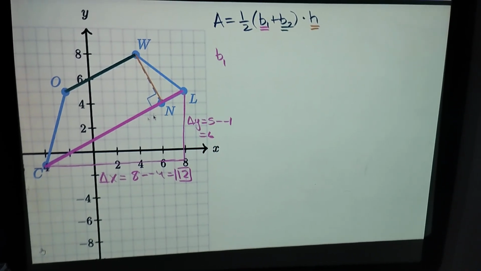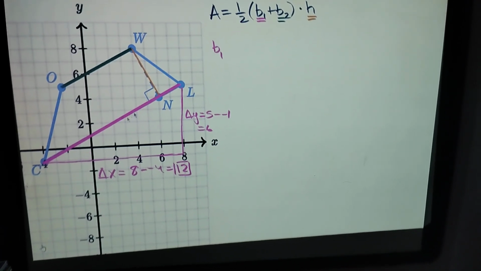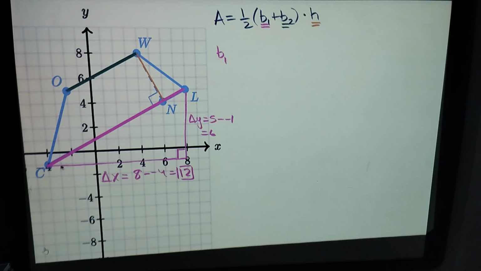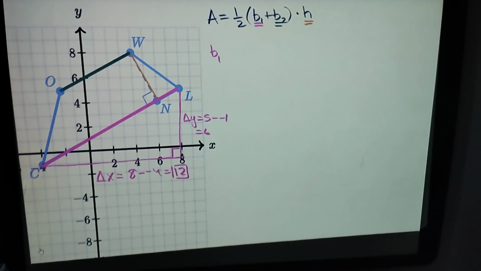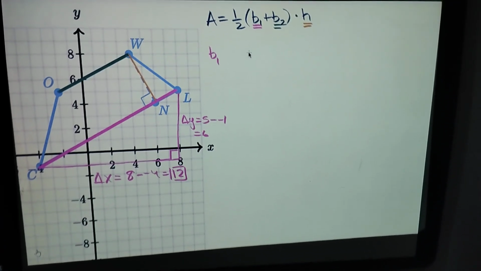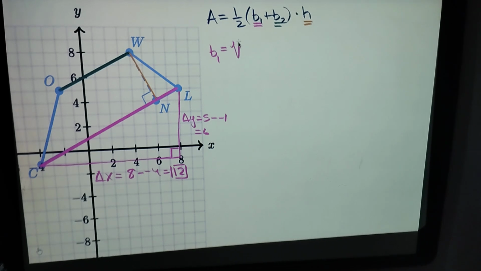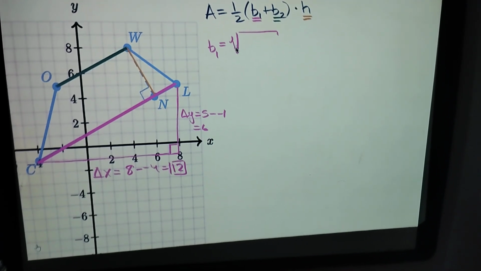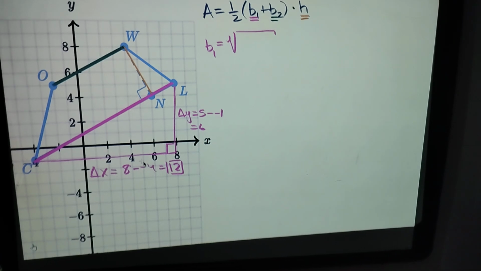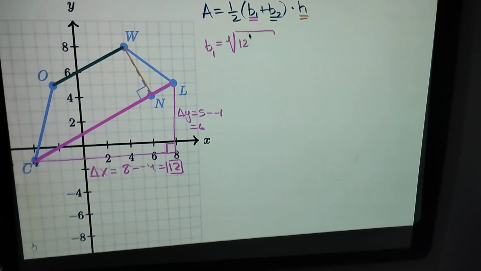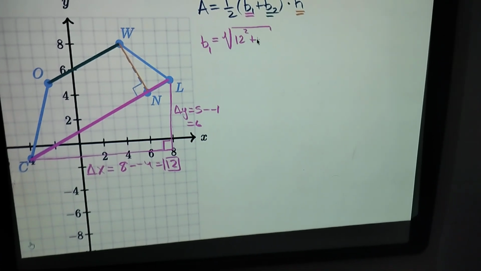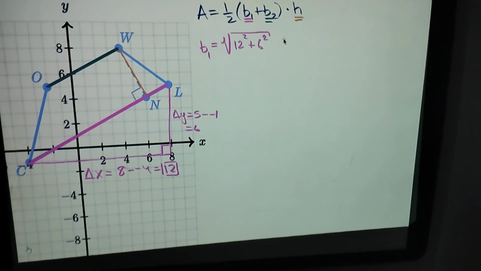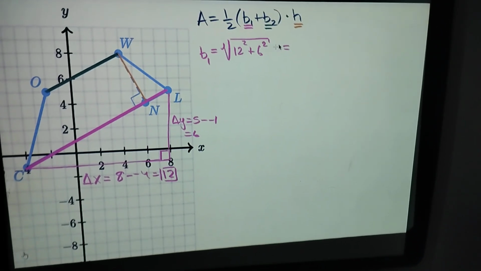And the segment that we care about is just the hypotenuse of this right triangle that has one side 12 and one side 6. So the length of that hypotenuse from the Pythagorean theorem, and as I mentioned, the distance formula is just an application of the Pythagorean theorem, is going to be our change in x squared, 12 squared, plus our change in y squared, so plus 6 squared. And this is going to be equal to 144 plus 36.